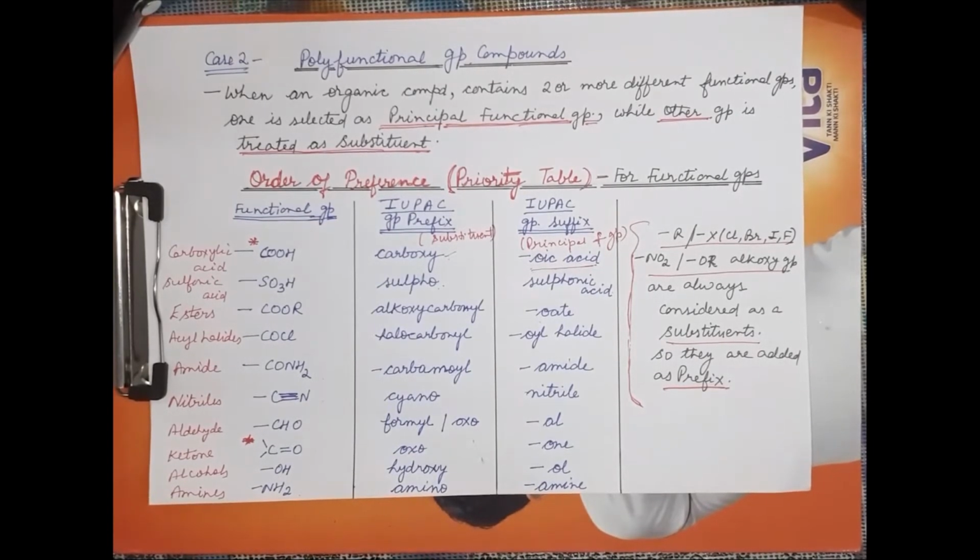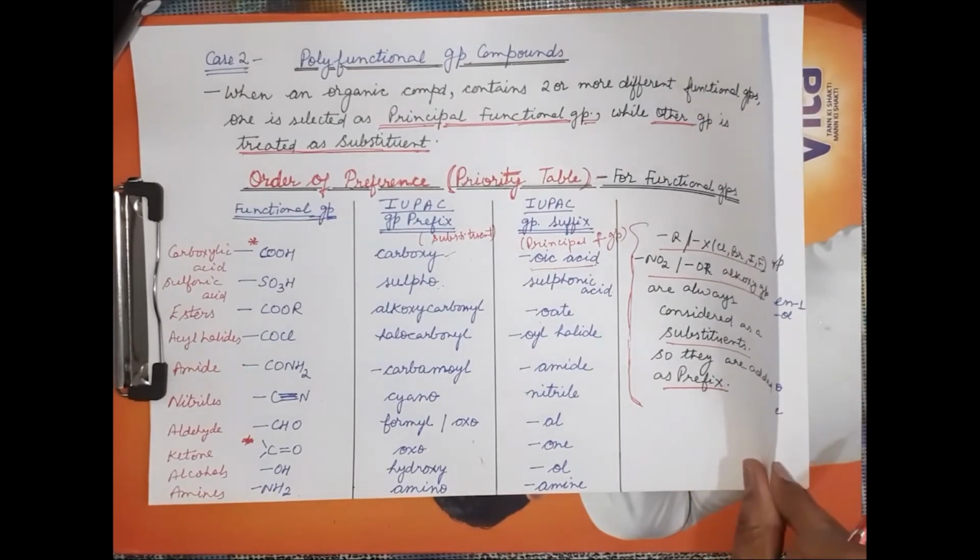Based on the position of the functional group in this priority table, we have to decide whether the group will be the principal functional group or a substituent. So this is all about this.